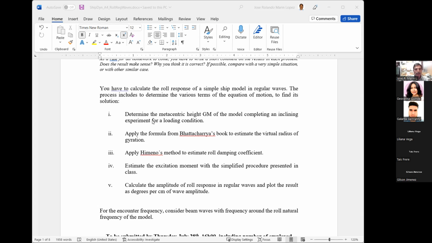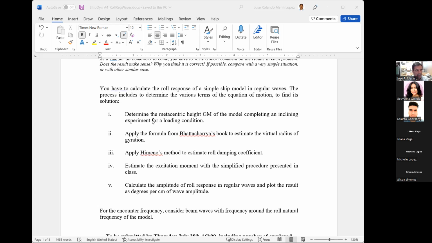Okay, let's go to step 2. Who is next? Ms. Lopez, please, step 2. Apply the formula from Bhattacharya's book to estimate the virtual radius of gyration. In more or less, what value would you expect for the virtual radius of gyration, Ms. Lopez?